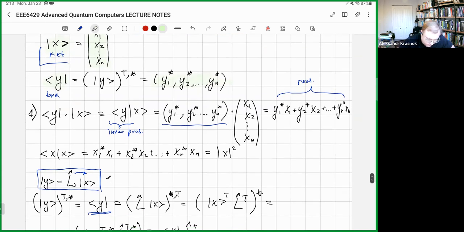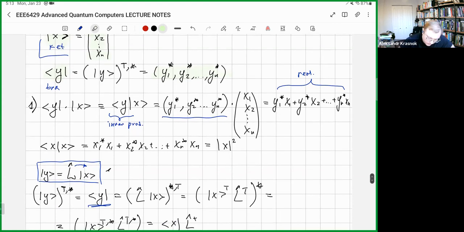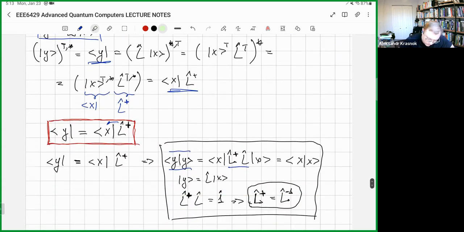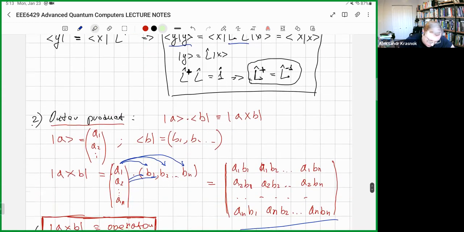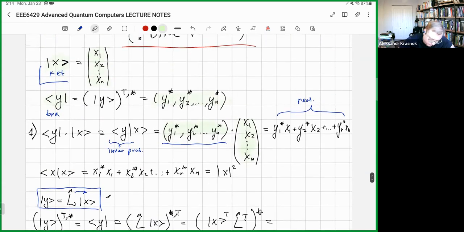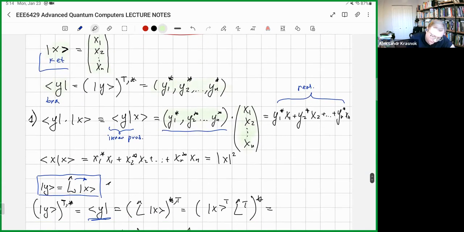This notation allows you to write the inner product as the usual matrix product in this form, and also the outer product. So the inner product is this form, the bracket.